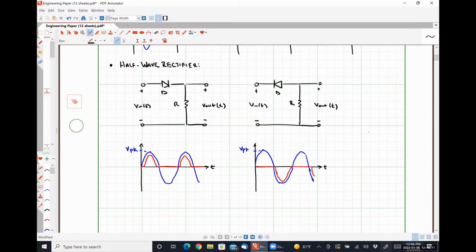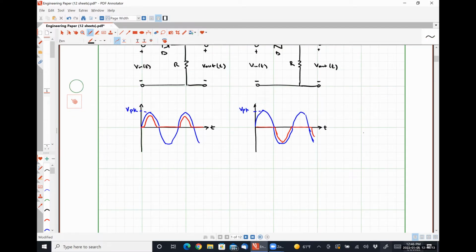So our transfer function for this guy should look something like this. Here's V out, here's V in, and let's call this voltage here V_D on. We'll write a similar one for this guy.